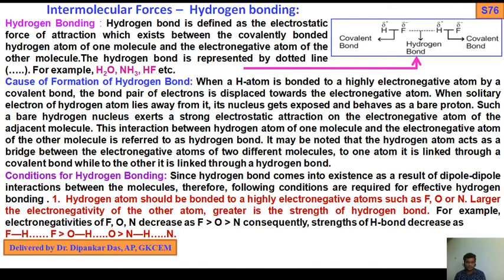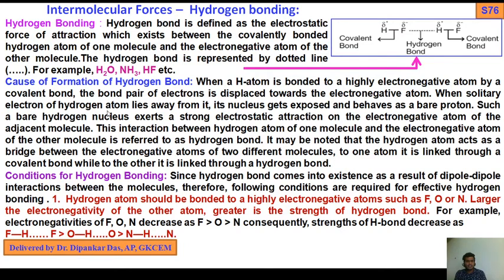Why is a hydrogen bond formed? When a hydrogen atom is bonded to a highly electronegative atom like fluorine by a covalent bond, the bond pair of electrons is displaced towards the electronegative atom. I have told you several times, if between two atoms one is more electronegative than the other, then the shared electron cloud shifts towards the more electronegative atom. That is what I discussed in the electronegativity classes. So the bond pair of electrons is displaced towards the electronegative atom.